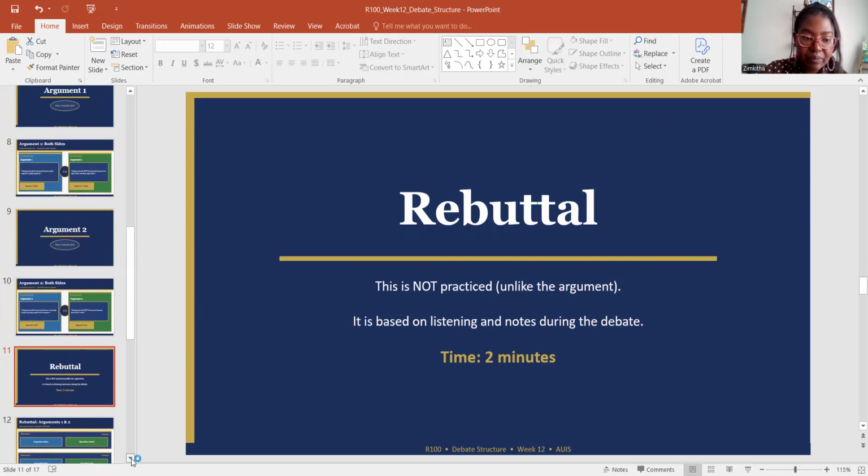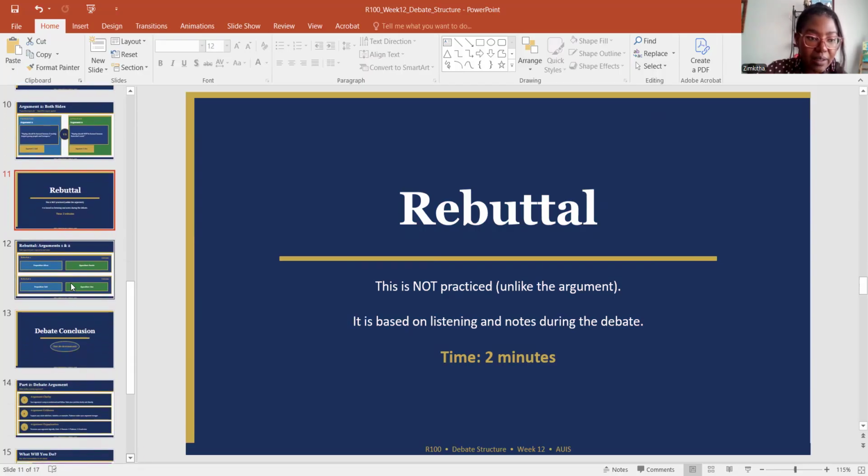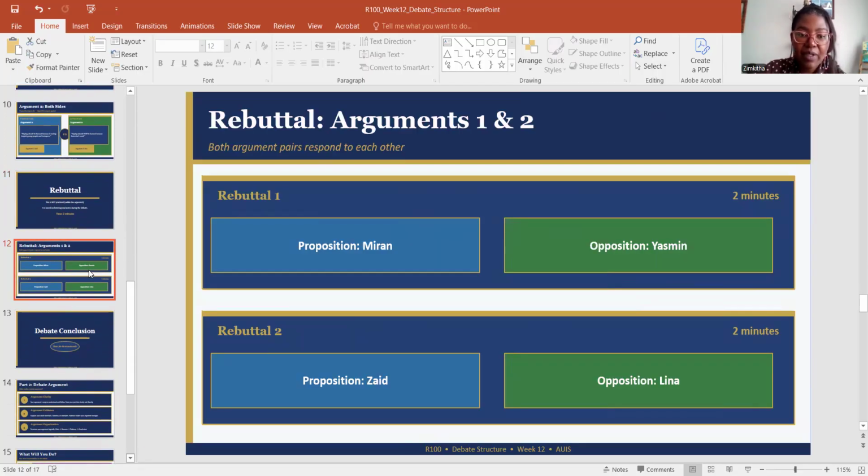All right? So how does that work? Basically, the person who is the first one to argue makes his proposition, and then the opposition responds to it. Then the next person does their proposition and the other person responds to it. Does that make sense?